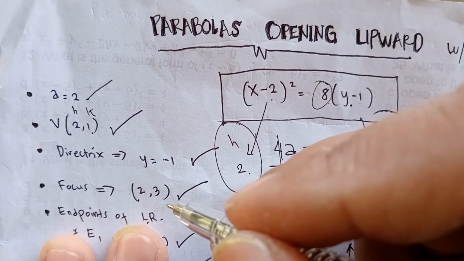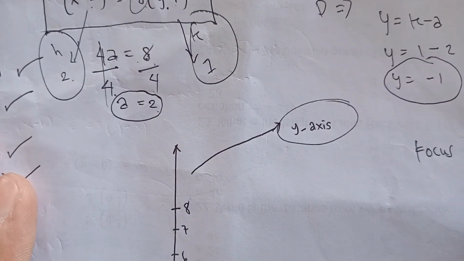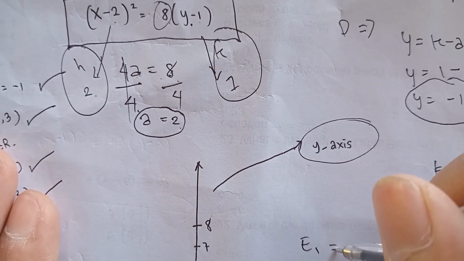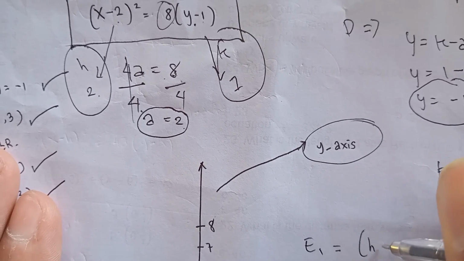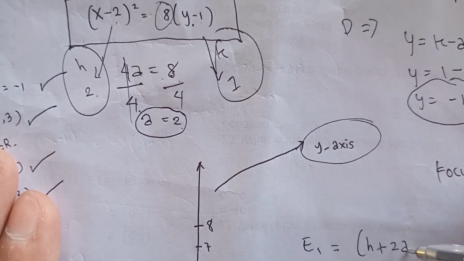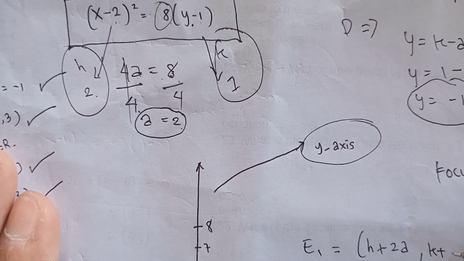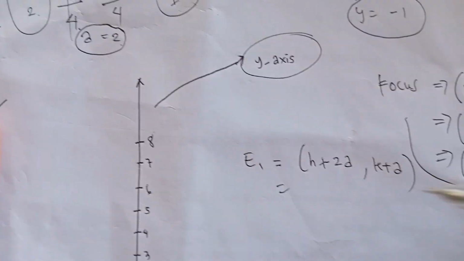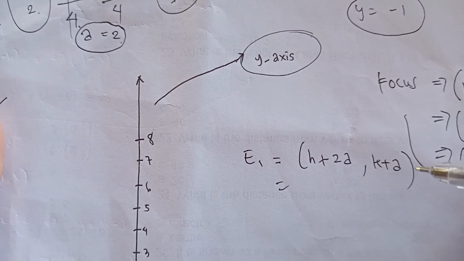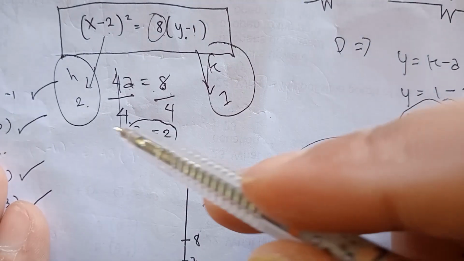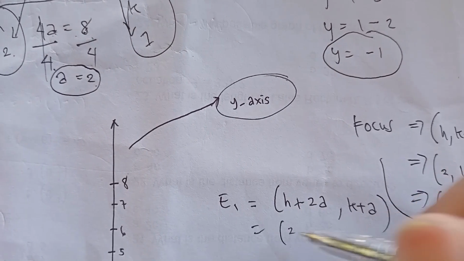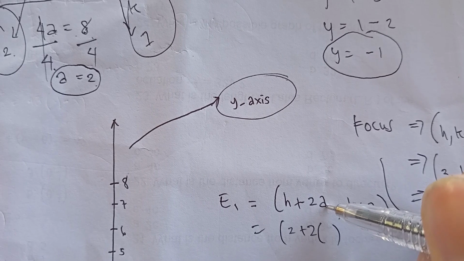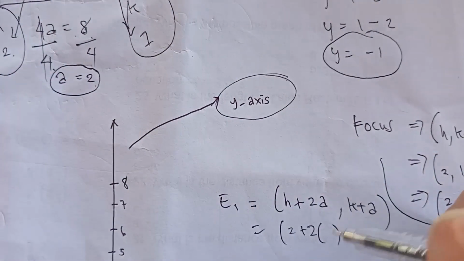Endpoints of latus rectum. How to find the endpoints of the latus rectum? Endpoints number 1 equals (h plus 2a, k plus a). What is the value of h? Okay, the value of h, we have 2 plus 2 times the value of a, we have positive 2.